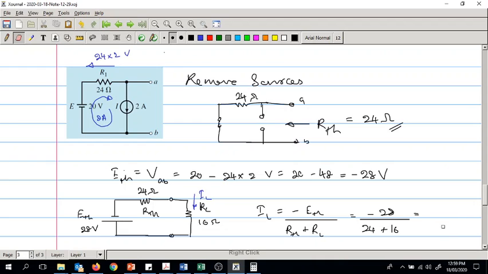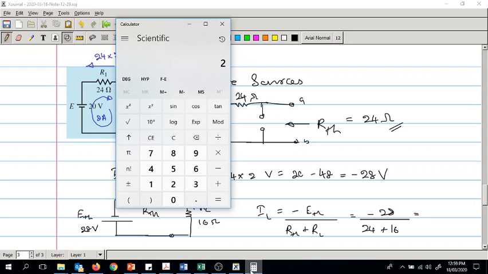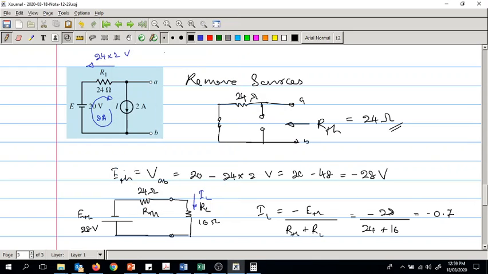Well, let's avoid this step. 28 divided by 40, which is 0.7, right? Minus 0.7 amperes. So this is the same current that we had in the previous example, right?